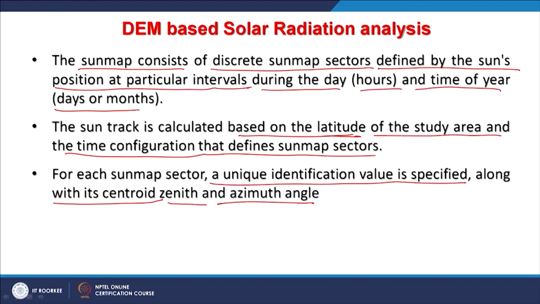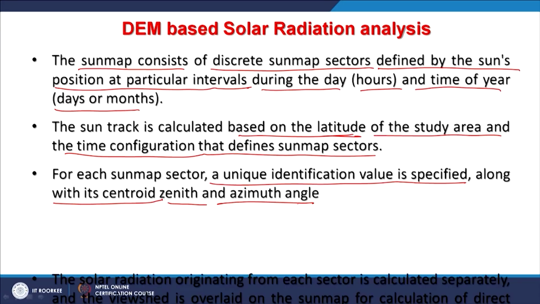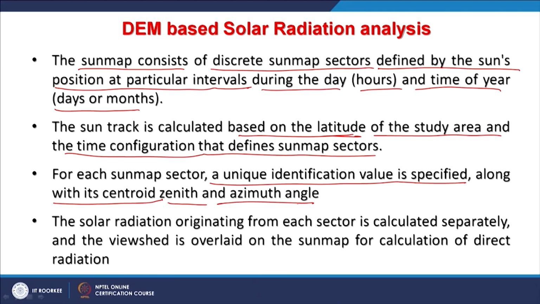This much information is very much required, because for any location you will then get all detailed information, and then the solar radiation originating from each sector is calculated separately, and then finally the view set is overlaid on the sun map for calculation of direct radiation.